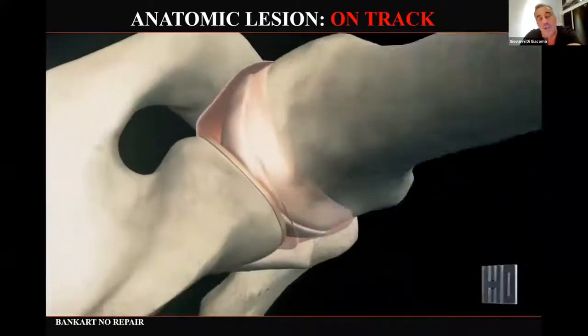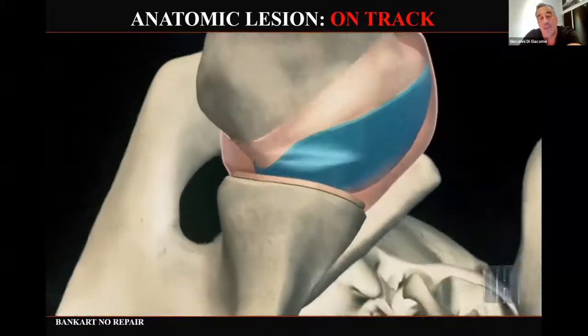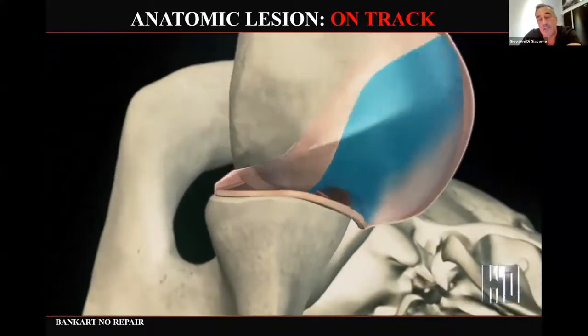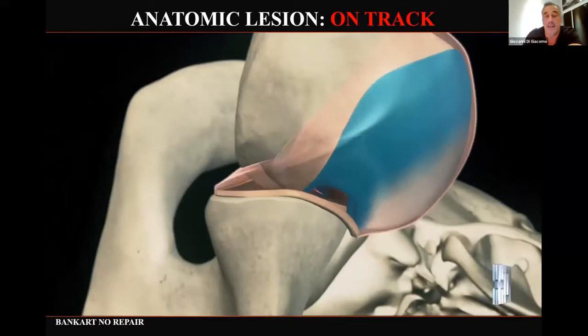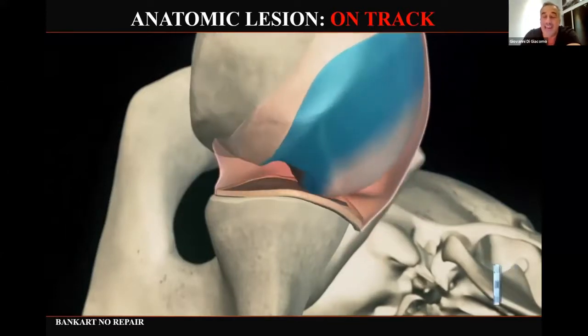The second lesion, most of the time very frequent, is the bone loss, the compression fracture on the humeral head that is known as a Hill-Sachs lesion.